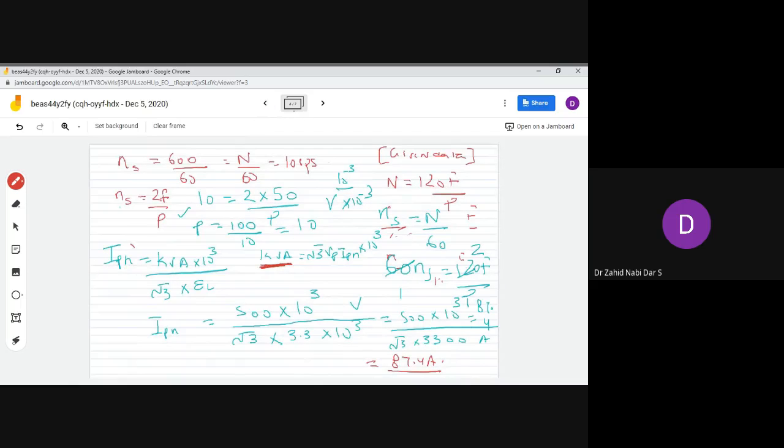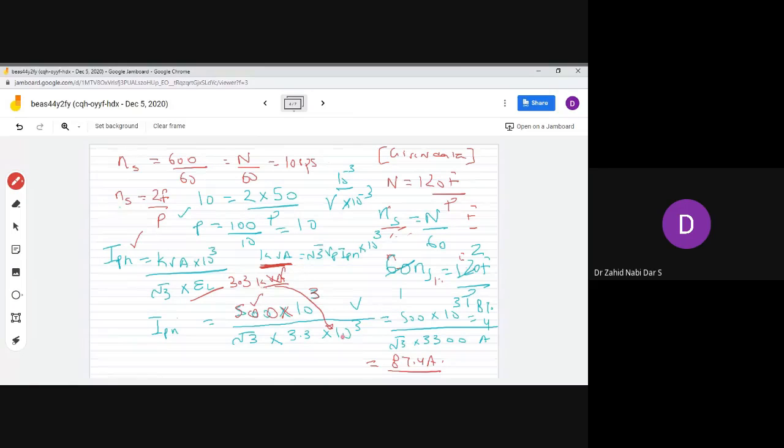When I'm calculating I phase, I'm writing I phase is equal to 500 kVA, multiplying with 10 power 3, then root 3 E line, which I know is 3.3 kV. I'm writing this kV also in 10 power 3.